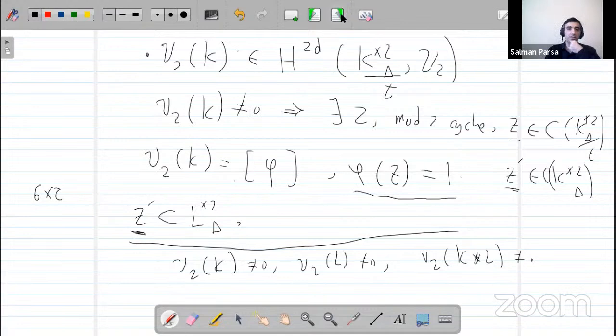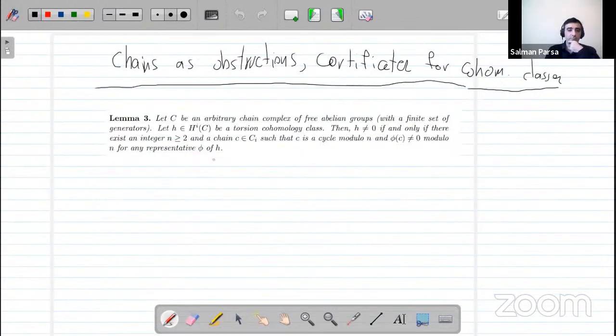What we need is something like the following lemma. If you take any chain complex of free abelian groups and any torsion cohomology class, the Van Kampen obstruction being a torsion cohomology class, then your class is not zero if and only if there is an integer n and some chain C such that the boundary of C is zero modulo n, and phi of C is not zero modulo n.